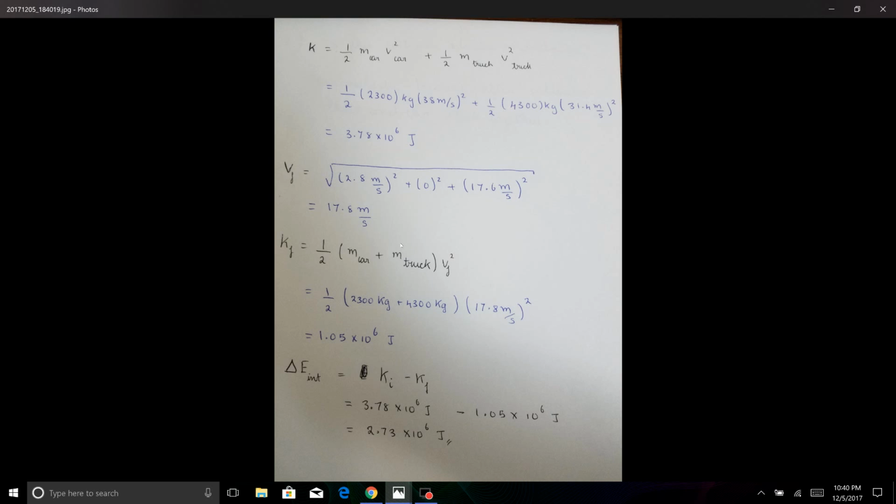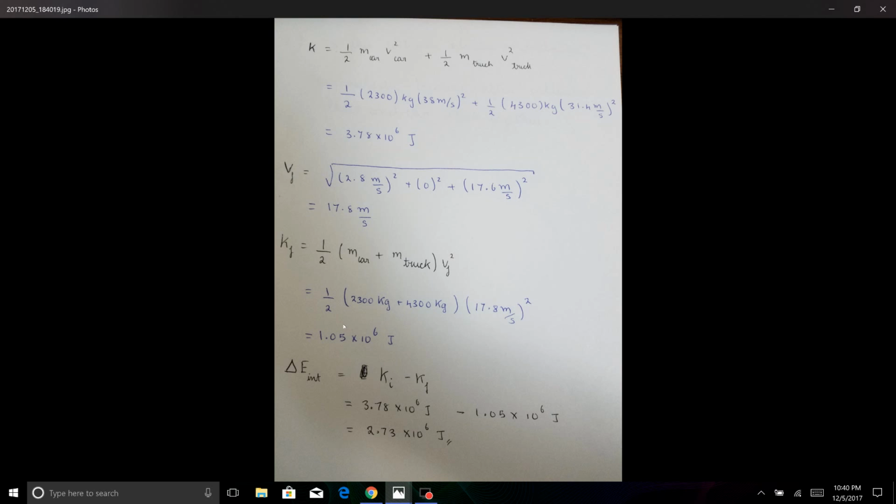After I found the final velocity, I found the total kinetic energy of the car-truck system after the collision. It's one-half times the mass of the car plus the mass of the truck, times the final velocity squared. Plugging it in and solving, I got 1.05 times 10 to the 6 joules.